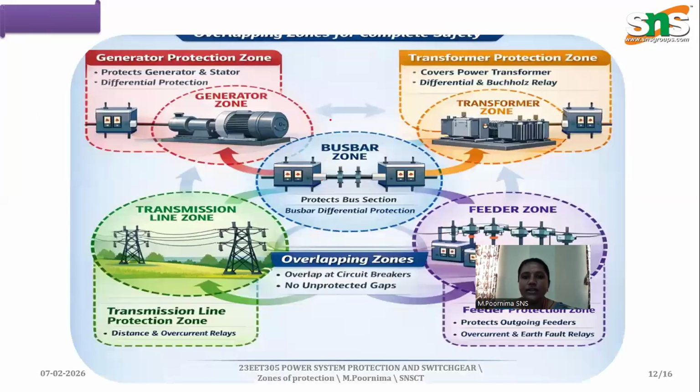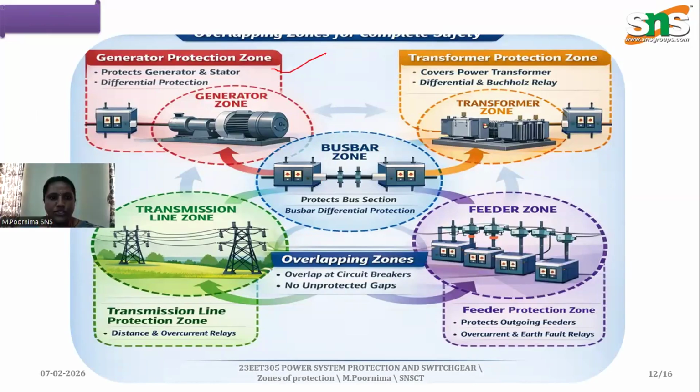Finally, coming to the last part: what is generator protection? For the generator stator, differential protection is used. For transformer protection, differential buchholz relays are used. For feeder protection, protecting outgoing feeders, overcurrent and earth fault protection is used, and for transmission line protection, distance and overcurrent relays are used.